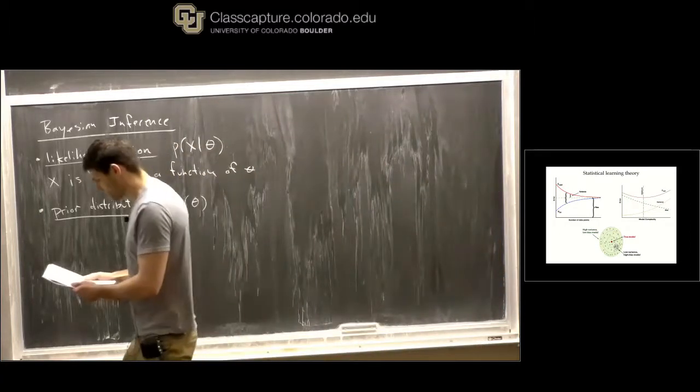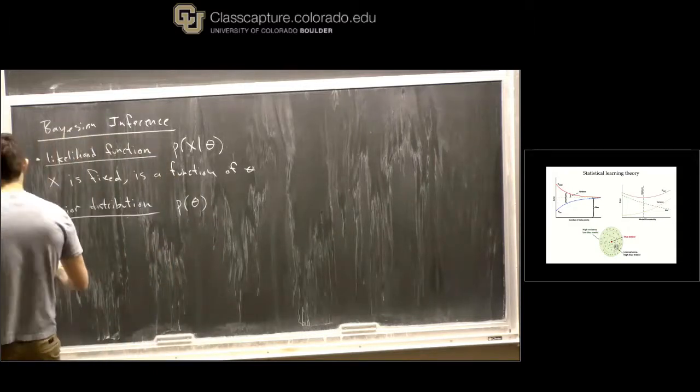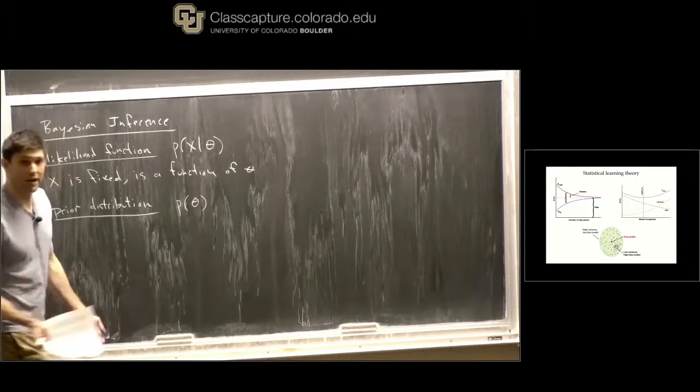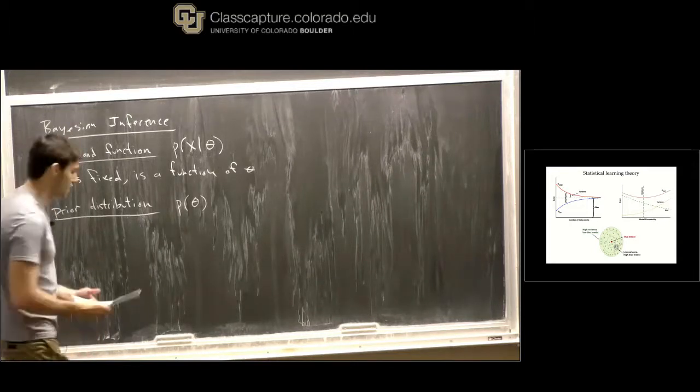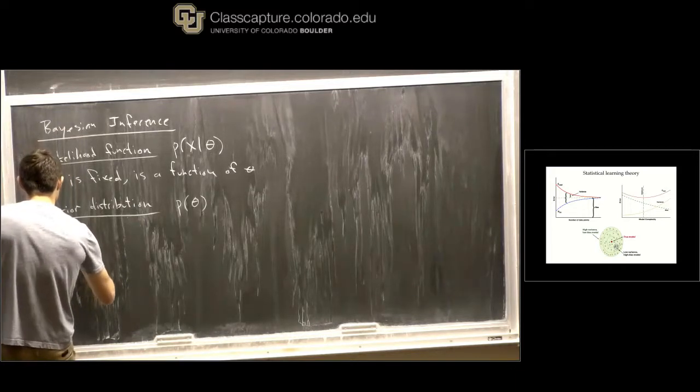Okay. So finally, what you actually want to do is infer values of your parameters from the data, right? So what you want is the probability, or I'll write it down first, it's the posterior distribution.